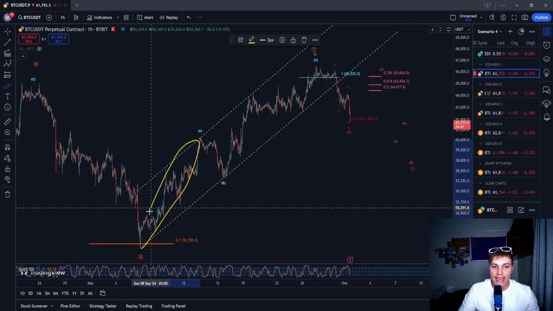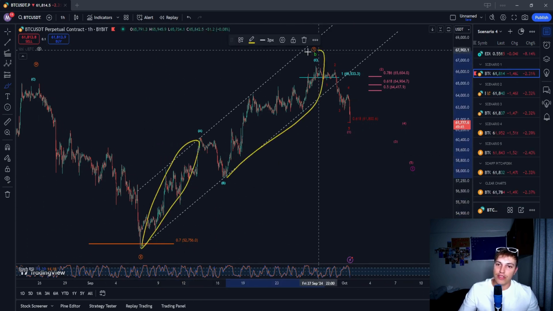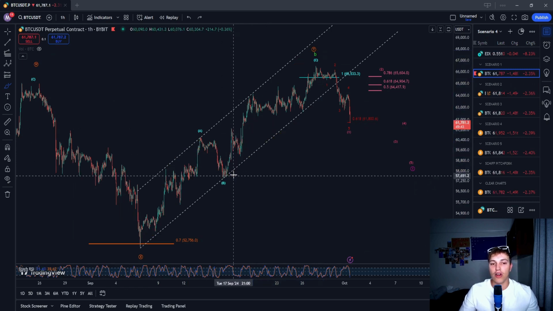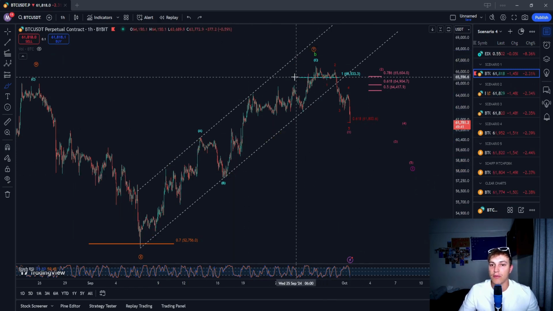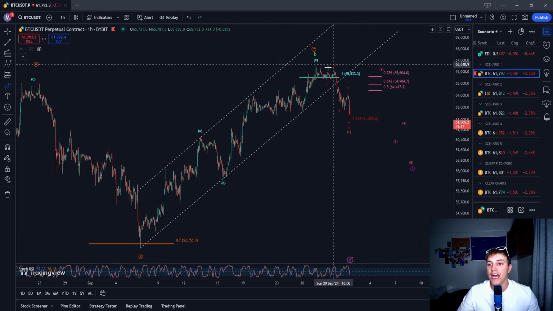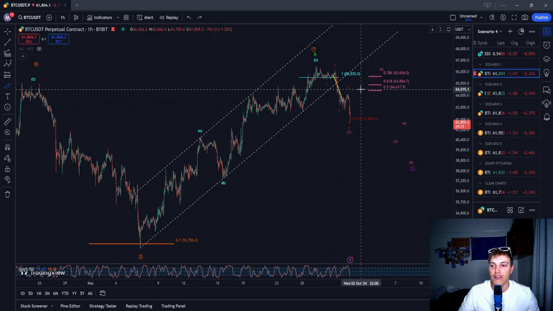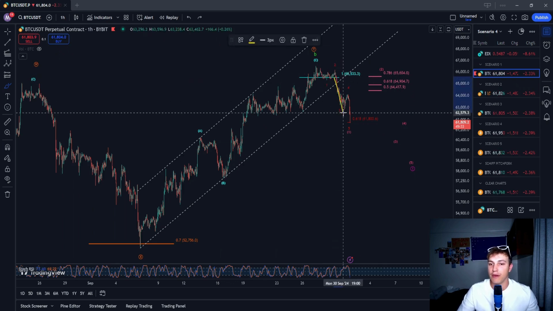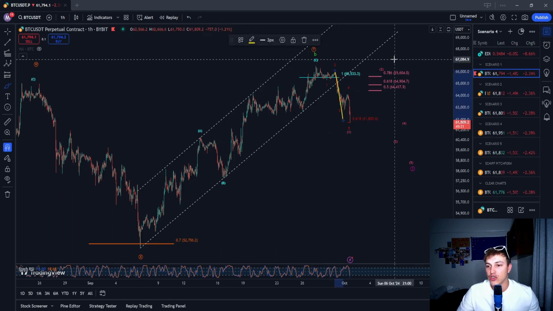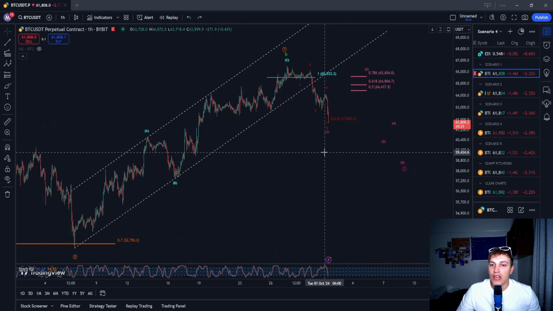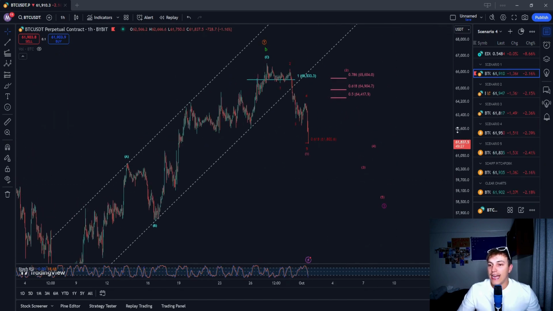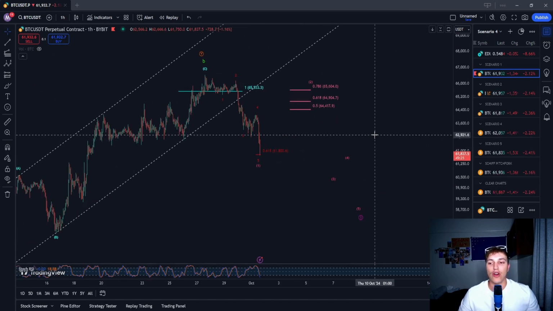This wave A equals the length of this wave C, the common target of a wave C. At the moment this was at 65,530. I did say we can short from off this level, and many people made quite a bit of money doing that short there. We are currently now, in my opinion, at the end of this B wave.